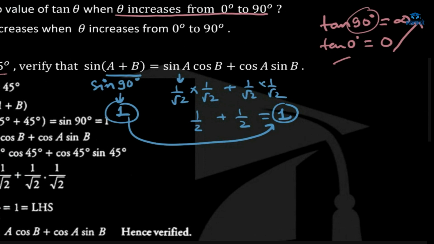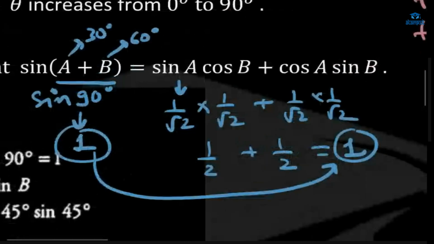You can also prove it by taking different angles, like A equal to 30 degrees and B equal to 60 degrees. Can you prove this by taking these two angles? LHS will again give you 1, because sine of 30 plus 60 is sine 90, which gives 1. Now do it for the RHS.